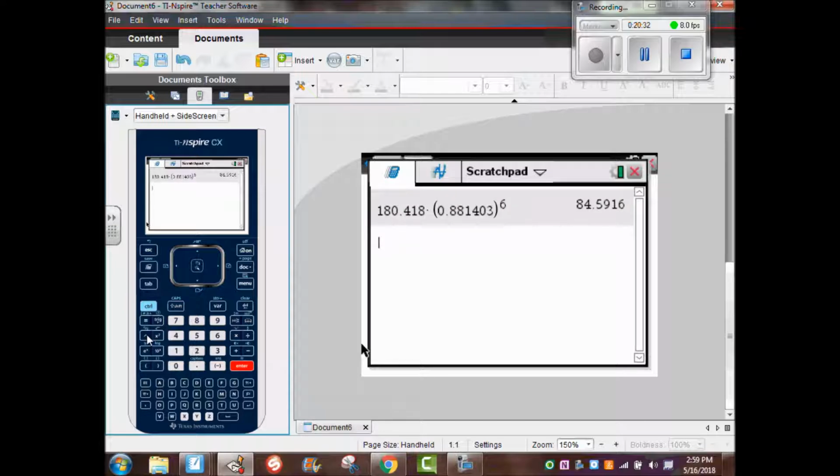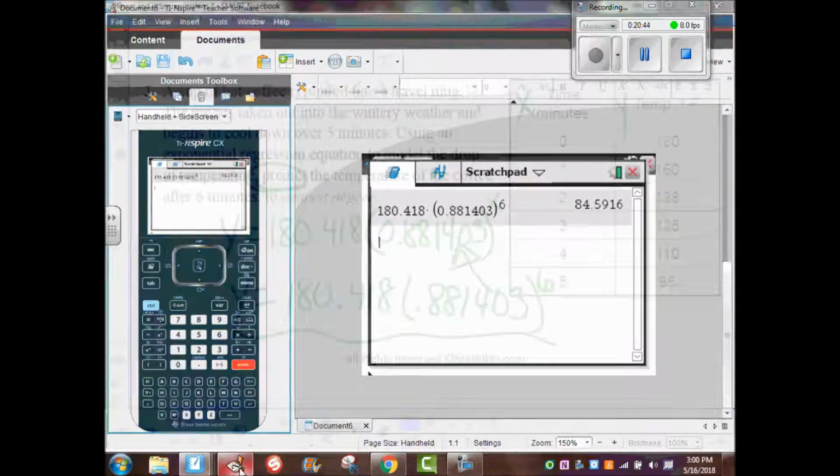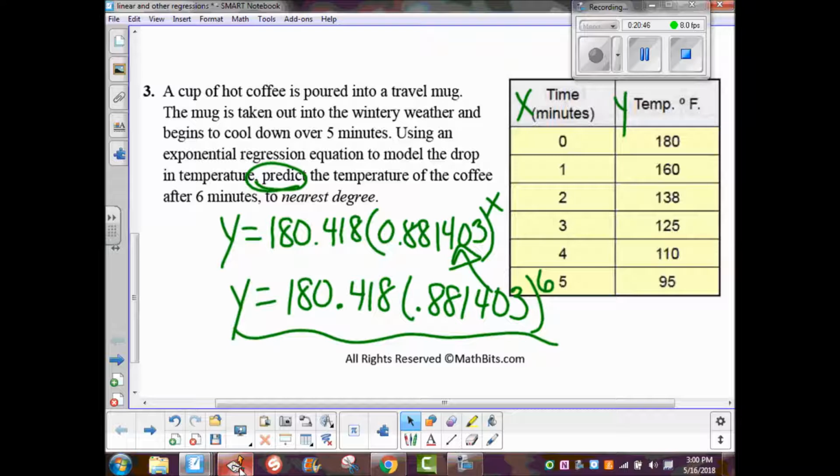Now we can round, and they said to the nearest degree, so 84.5916 to the nearest degree is 85. We just looked to the 5 there, and that makes that an 85, nearest whole number. Okay? 85. Doing okay so far?